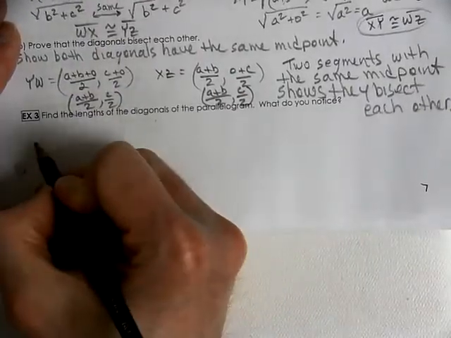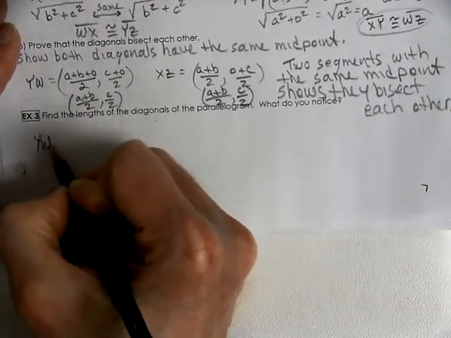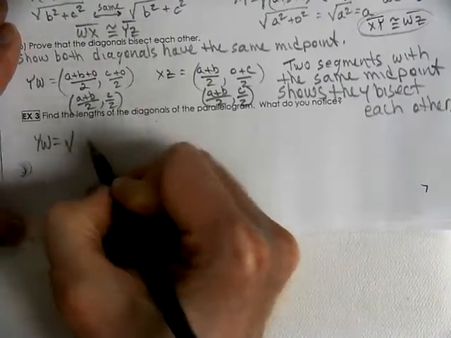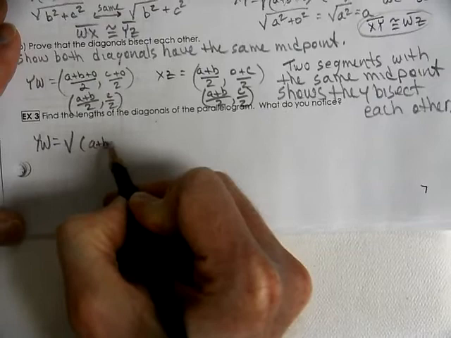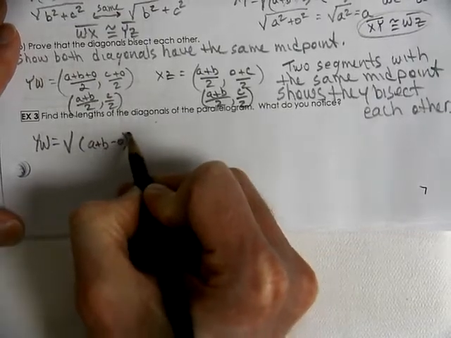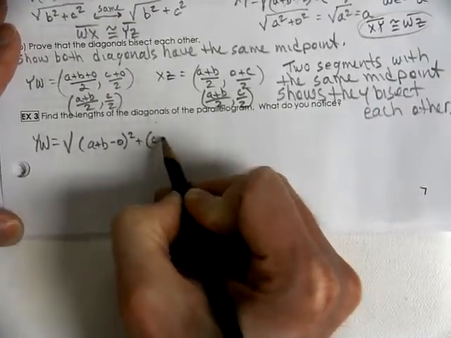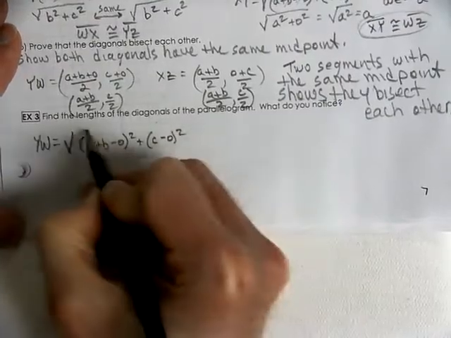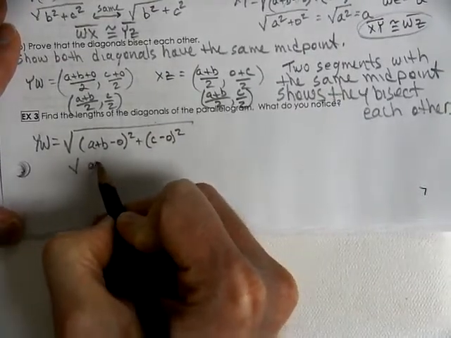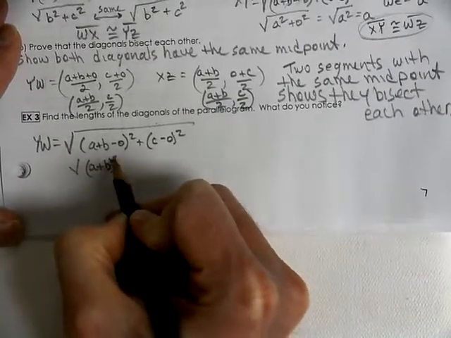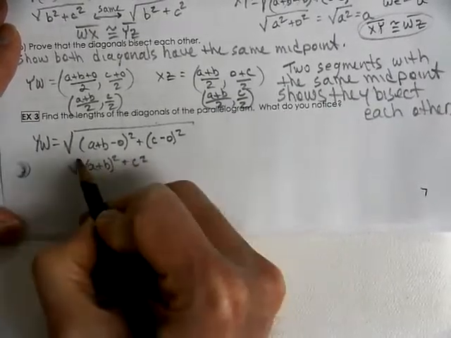So we're going to look at YW. So we take our x value minus our x value, and our y value minus our y value. That's going to give us our a plus b squared and our c squared.